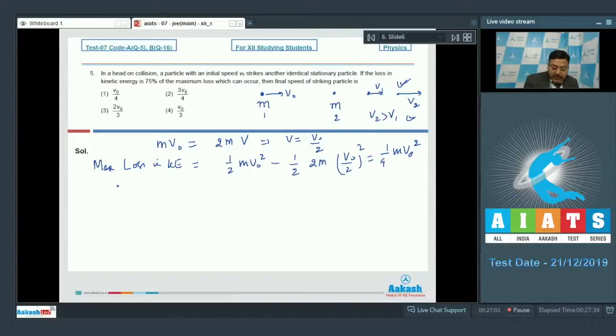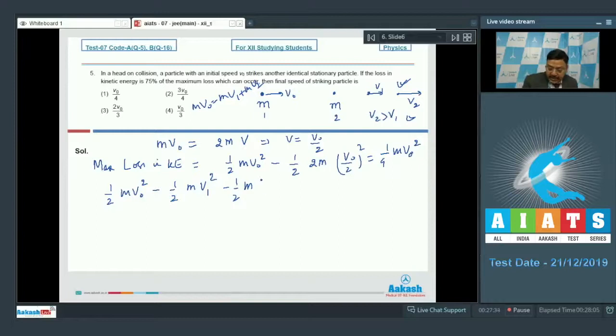So we get the equation half mv0 square, the original kinetic energy again, minus half m v1 square, minus half m v2 square, but by conserving momentum we can see that mv0 equals mv1 plus mv2, or v2 can be written as v0 minus v1.